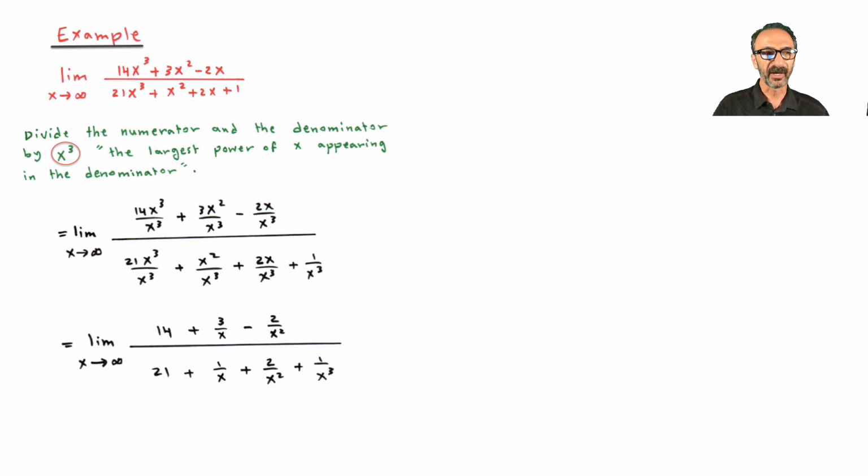That's how you simplify. Everything goes away. This goes to 0, this goes to 0, 0, 0, 0, as x grows to infinity. This is only what stays with you, which I told you earlier. Leading terms, ignore this. That's what your answer is, 14 over 21, which simplifies to 2/3.